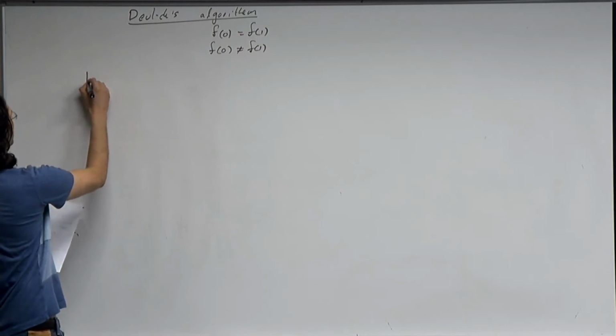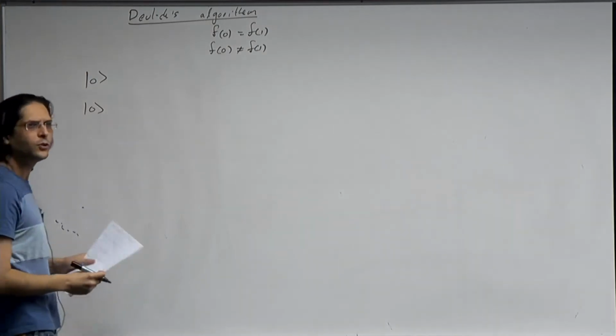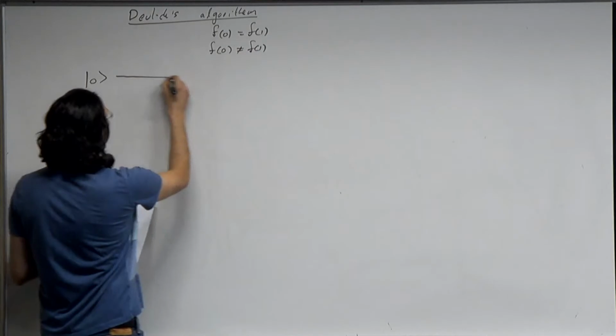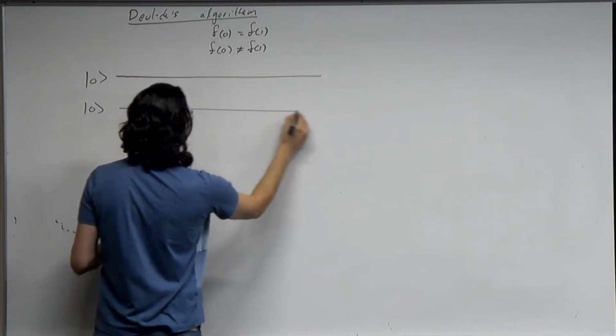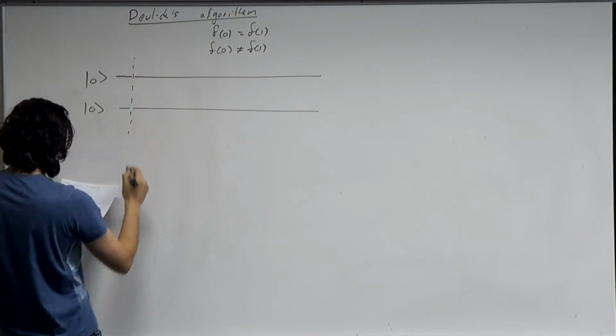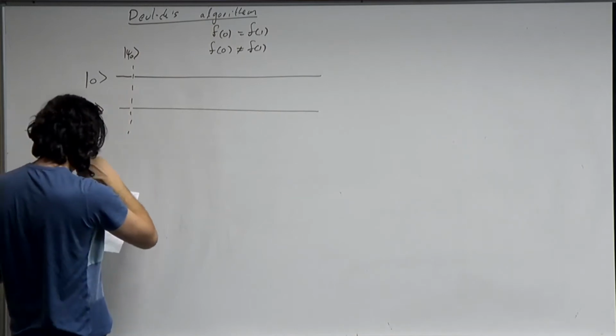And we wrote the circuit. The circuit starts with two qubits, which are initialized to 0. So this is the initial state. We call this psi naught, 0, 0.